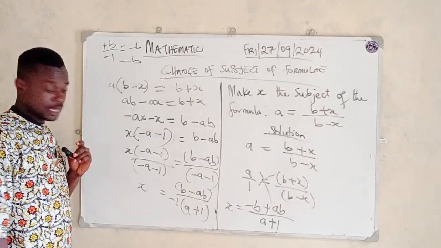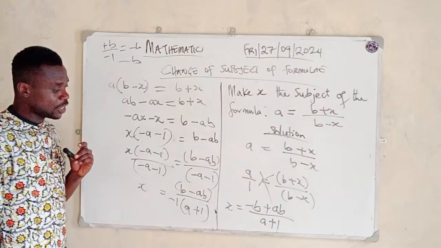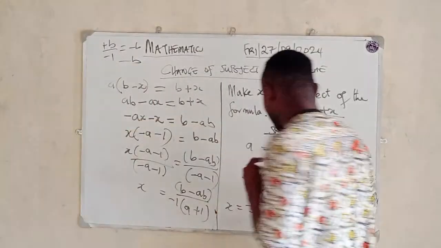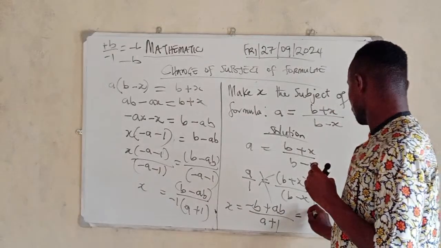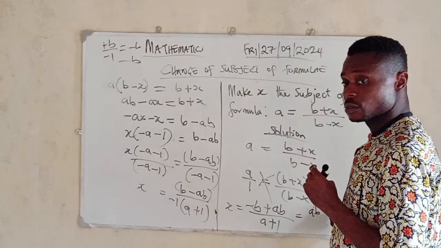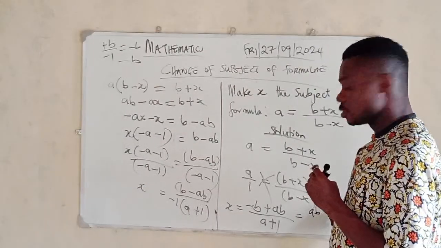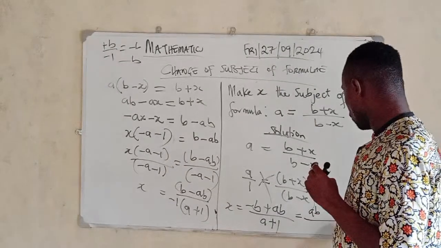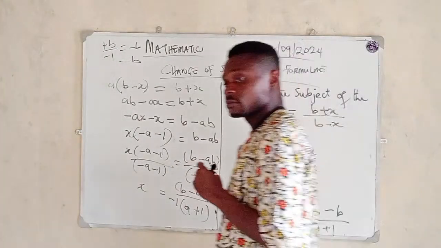Is it clear? Because after dividing them, it will disappear. Good. Now, let us rearrange this. It becomes AB minus B over A plus 1. This is the answer.